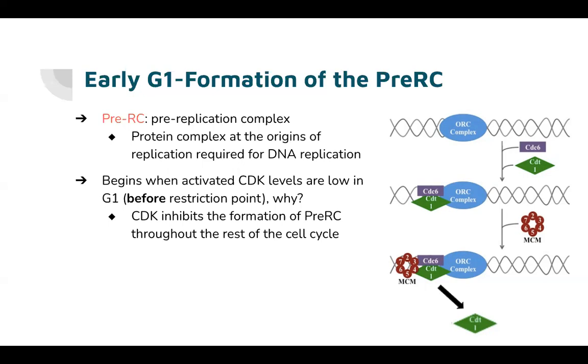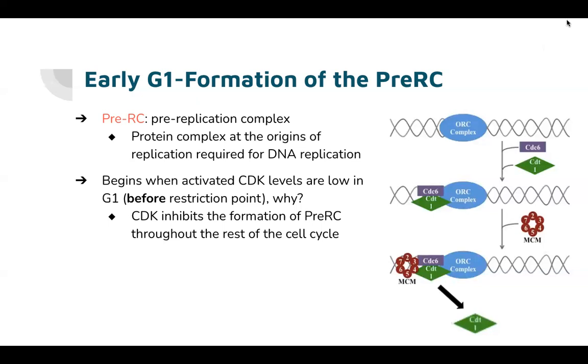And here at the beginning we have CDK activation. Actually, we have the complex of pre-RC formed at low levels of CDK activation. So that is at the beginning of G1 phase, before the restriction point. So before we have CDK activated and moving on into replication.